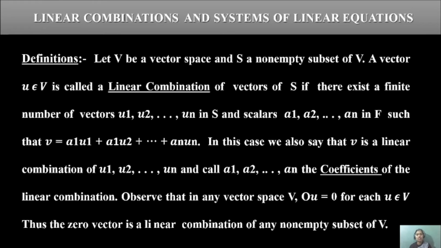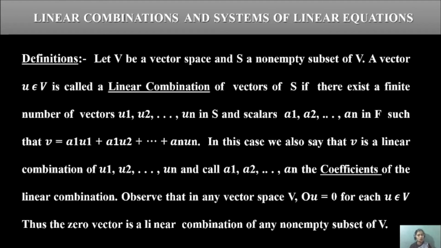To summarize: V is a vector space, S is a non-empty subset of V, and u is an element of V. We take vectors u1 to un and scalars a1 to an, and the linear combination is v equals a1 u1 plus and so on up to an un.